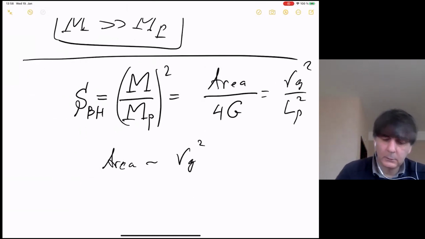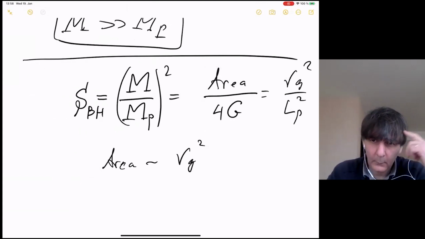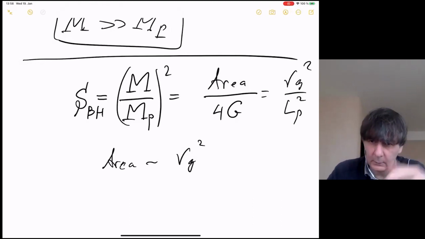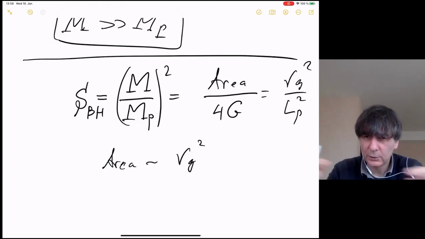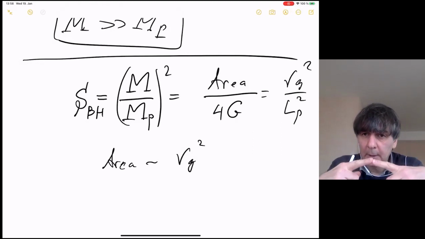Now the fact that black holes carry this entropy, it turns out that this entropy is what I mentioned about black hole production in high energy collisions. This entropy is what makes it very robust.